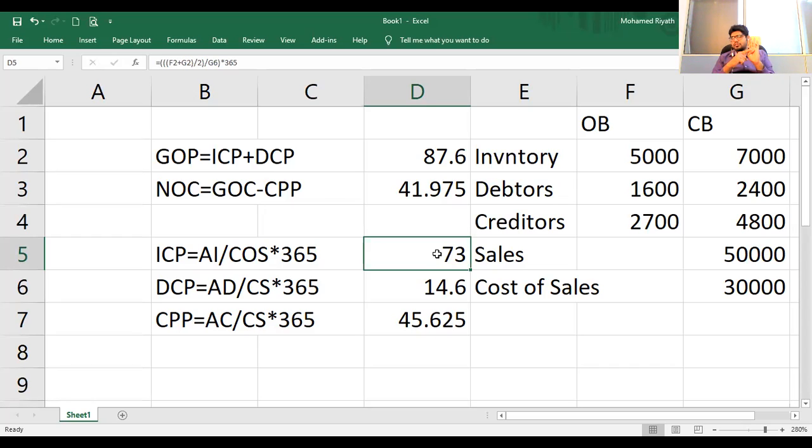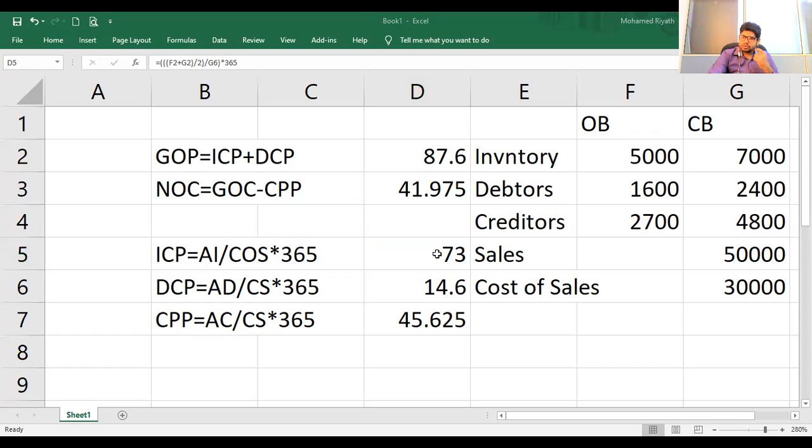You keep the raw material for 30 days, you convert the raw material into finished goods in 13 days, and the finished goods take 30 days to make sales. Total how many days? 73. This 73 is called the inventory conversion period, right? We convert raw material inventory into sales.